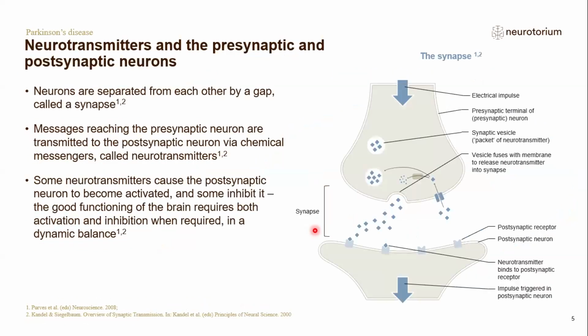Then it brings us again back to the neurotransmitters. We know that we have a presynaptic membrane, the presynaptic knob, where you have neurotransmitters kept in vesicles, and they're usually brought into the synapse, which is this space between the presynaptic and the postsynaptic membrane.